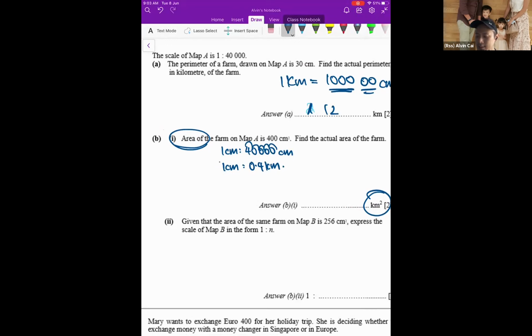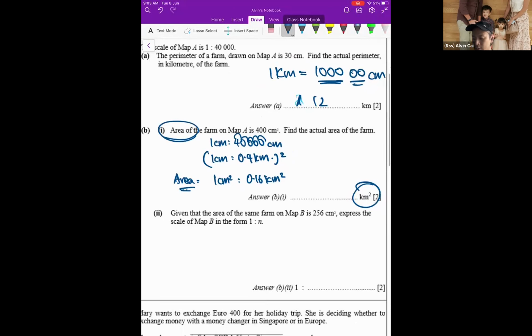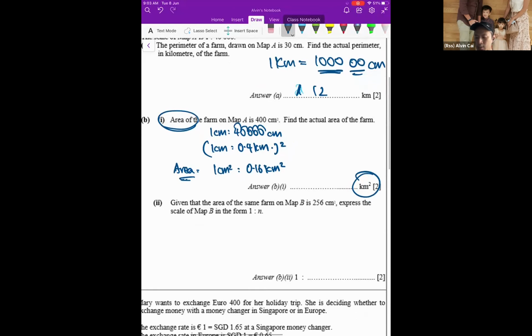Once you got this, then you convert to area ratio. Remember, for area ratio, you just need to square the length ratio. So you get the 1 mark for the area ratio. Then for the rest, you just sub in the value, which is 400 cm square over here, and find the unknown.